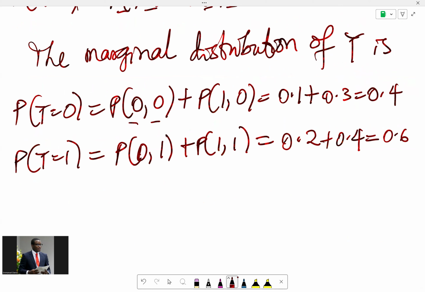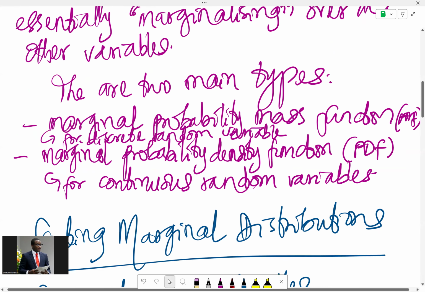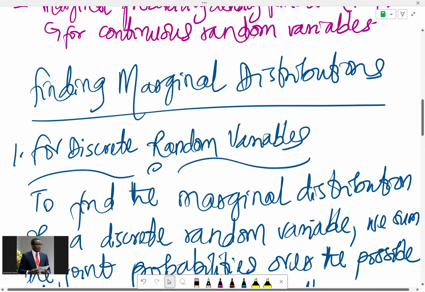Okay, so now let's do the same for the second one, for continuous random variables. We've done it for discrete random variables.